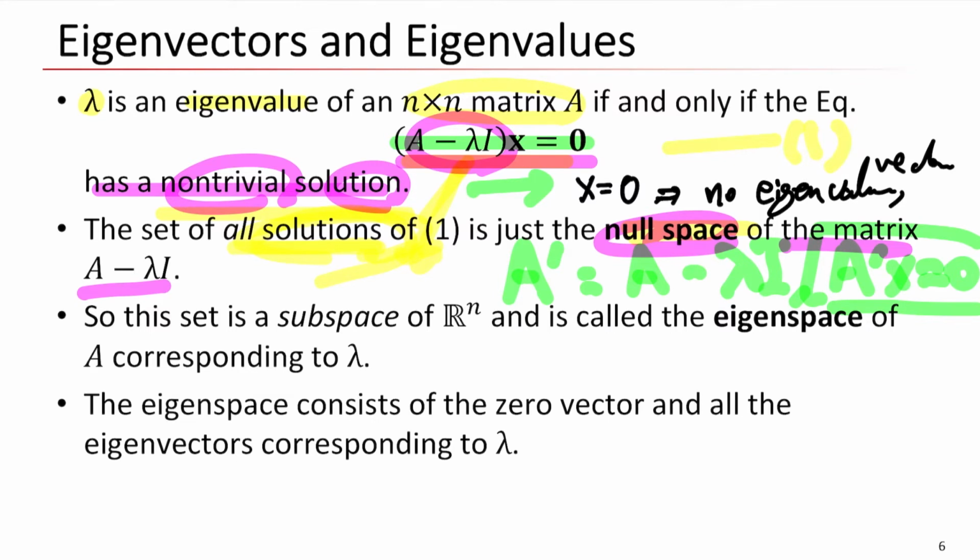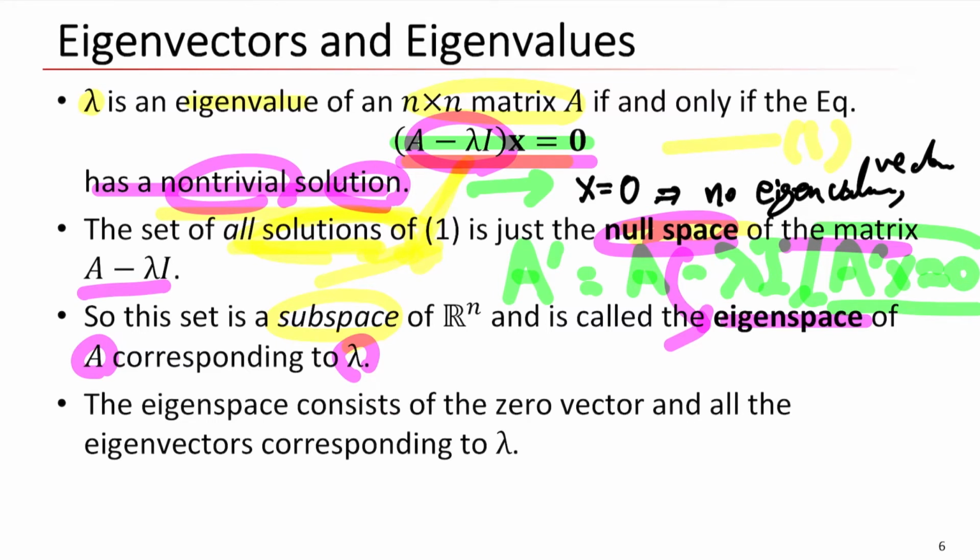We already know that the null space is a subspace of R^n, right? In this case, this null space is called the eigenspace of the matrix A corresponding to lambda. In other words, the set of the eigenvectors that satisfy this equation is called the eigenspace.